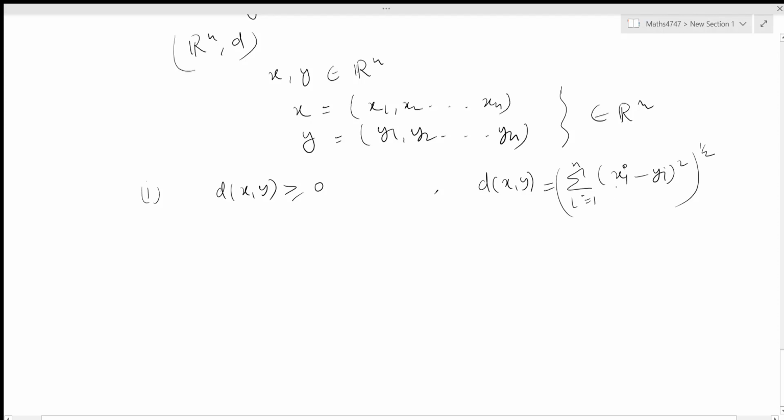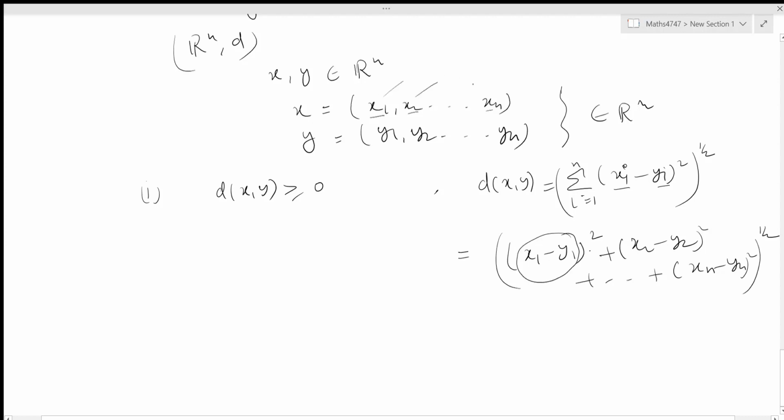As you know, these are the entries of x, x1, x2 and so on up to xn, so we can expand the summation. This is (x1 minus y1) squared plus (x2 minus y2) squared and so on, plus (xn minus yn) squared, and whole to the power half. You know that these xi's, x1, x2, xn, belong to R. These are real numbers.